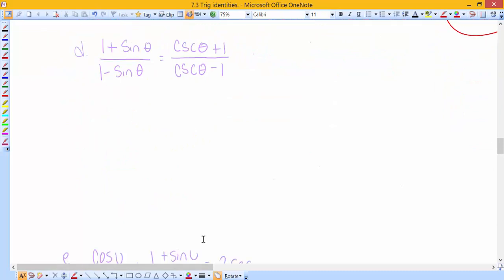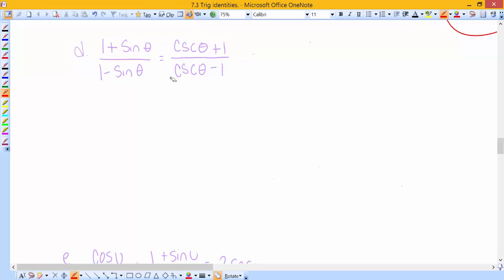I want to show that the left side equals the right side. Now this one's a little bit tricky. I want to rewrite this going from sine to cosecant. Well, let's see. Look at your identities. Is there something we can use that will help us go from sine to cosecant?